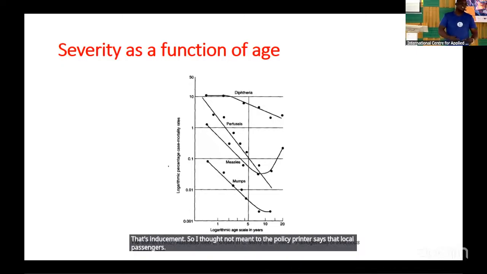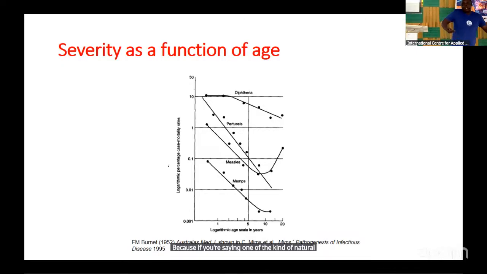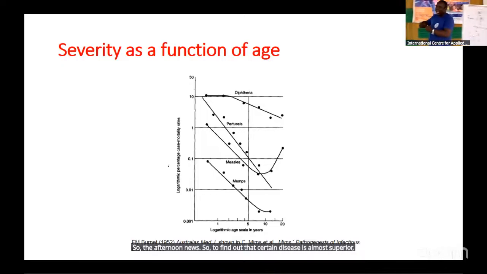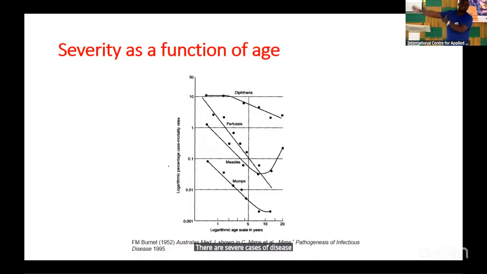Because if you depend on natural immunity, you leave the population on their own and there will be a lot of mortality. So they have to go for vaccine use. So you find out that certain diseases become more severe. There are severe cases of disease as a function of age.